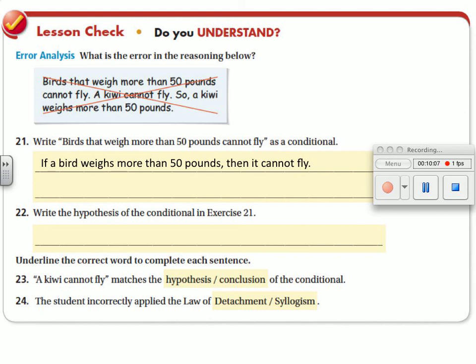The hypothesis of this conditional is a bird weighs more than 50 pounds. A kiwi cannot fly matches the conclusion of the conditional. A kiwi does not weigh more than 50 pounds, but it cannot fly. So the student incorrectly applied the law of detachment in this problem.